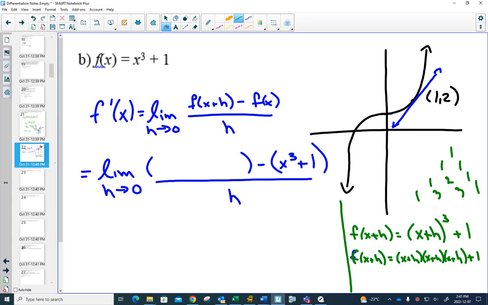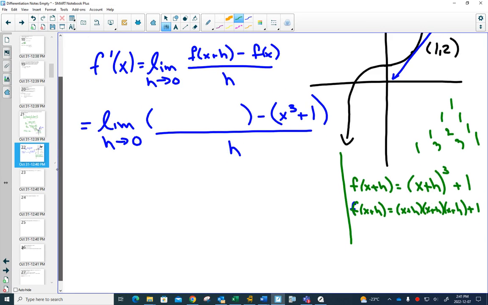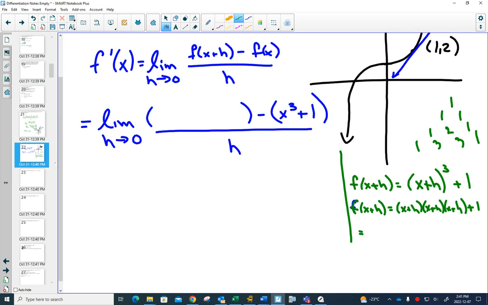So if you multiplied it out, you would get 1 x cubed plus 3x squared h plus 3xh squared plus 1h cubed.